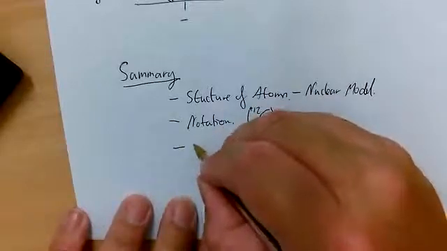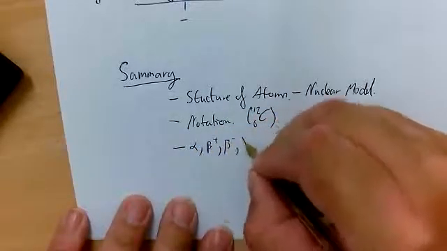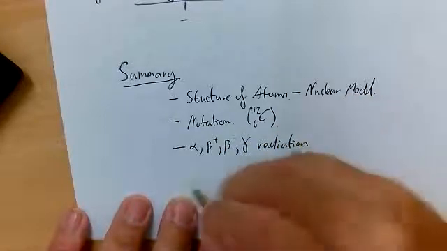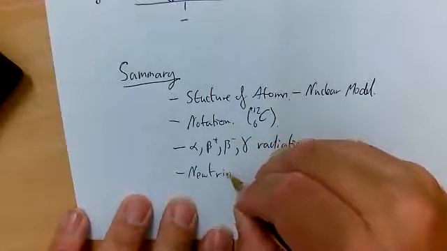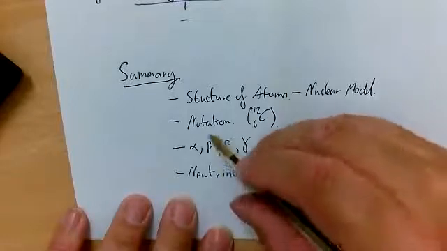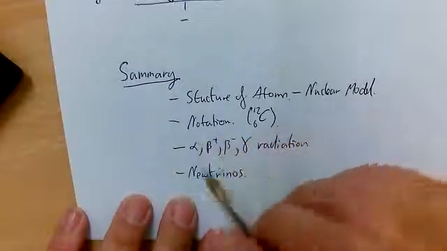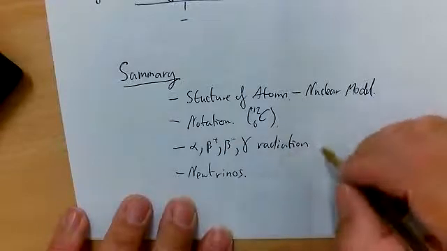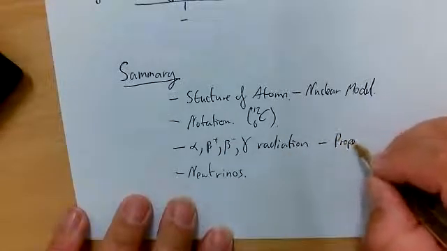We know about alpha, beta plus, beta minus, and gamma radiation. We know about neutrinos. We know that neutrinos exist, and we know that neutrinos are emitted in beta plus and beta minus emission because there's some leftover kinetic energy which has to be accounted for somewhere. Okay, with the types of radiation, we know about the properties.